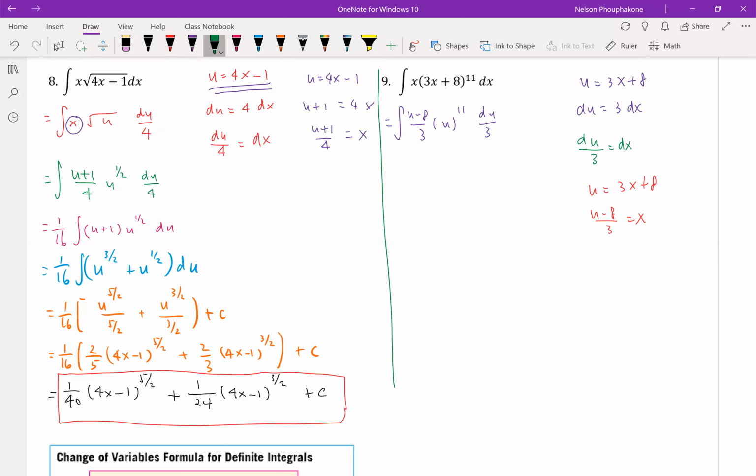Okay, then now I take out 1/9. So I have 1/9 times u to the 12 minus 8 u to the 11.